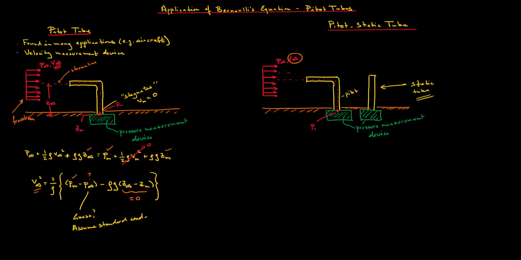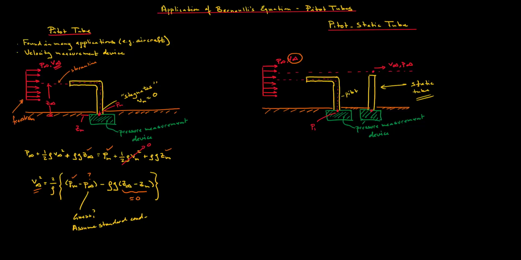Now, you have streamlines everywhere in the flow, so you're going to have another streamline up here. And this static tube is positioned normal, or perpendicular, to the flow. At this point up here, we're going to have something like still V infinity and P infinity. There's nothing that has necessarily changed along this length.